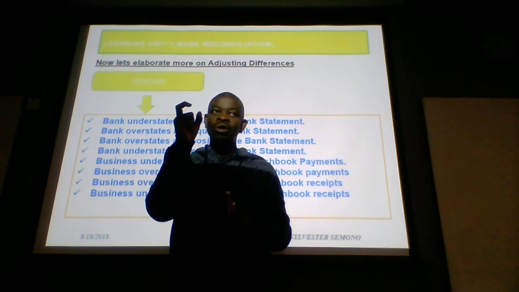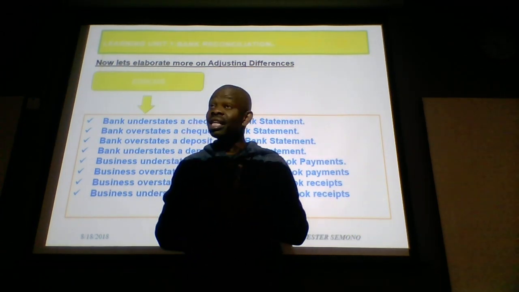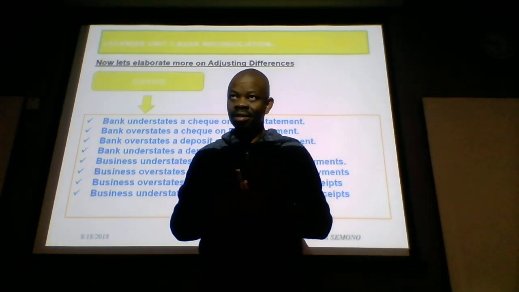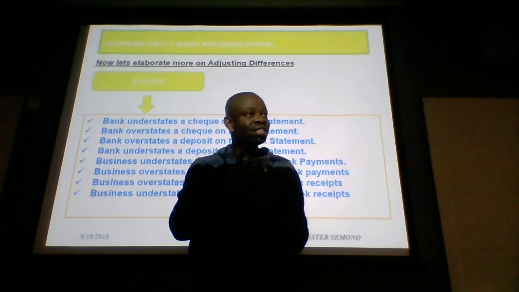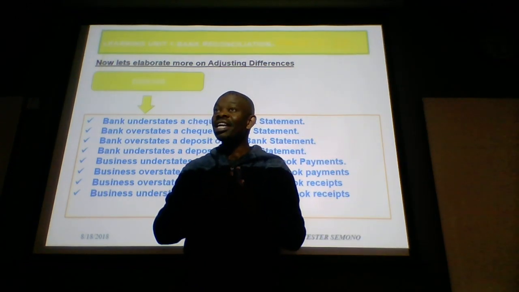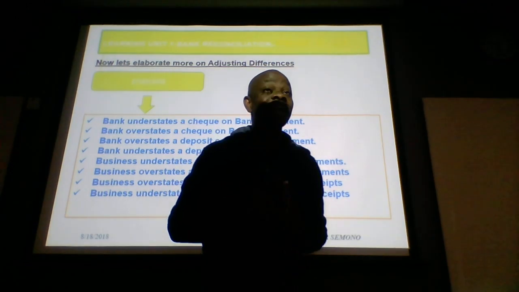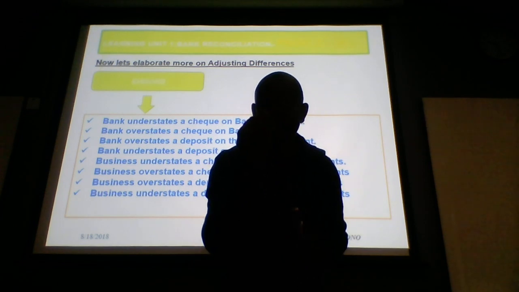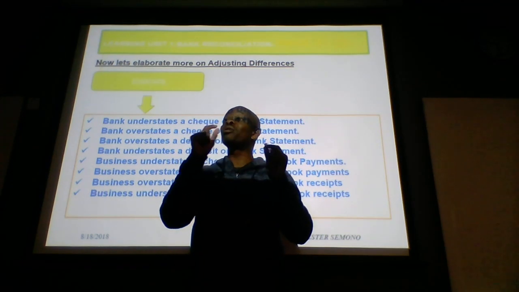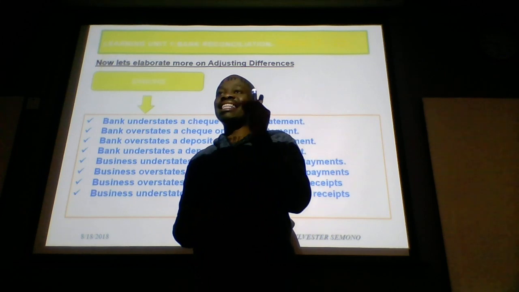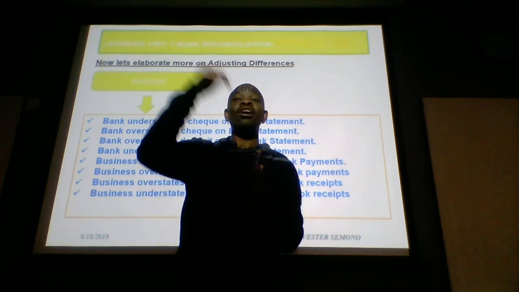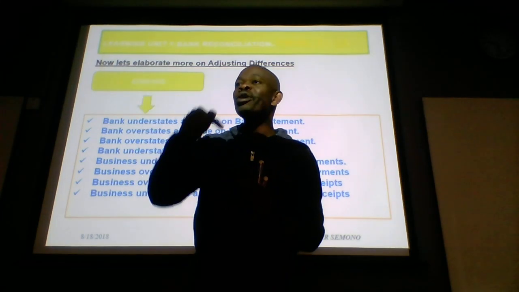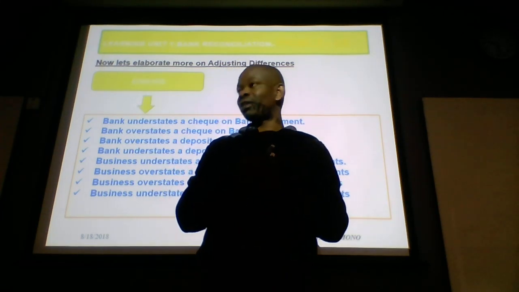But who can tell me, are we going to record 600 or the difference? Of how much? 100. The challenge is you need to know in which book you are going to record that difference. The rule says if you understated an amount in the cash books, the difference must be recorded in the same book where you understated. Did you get me?